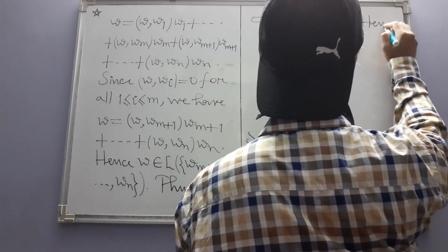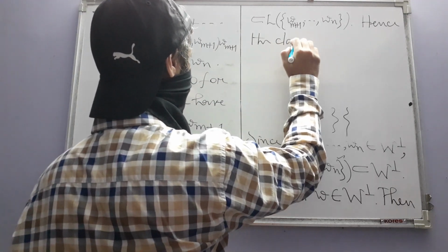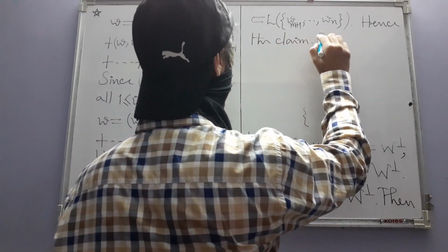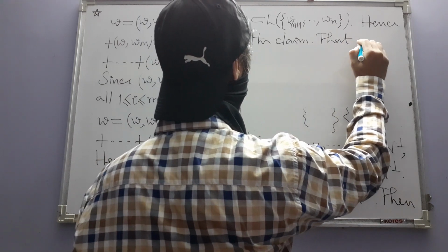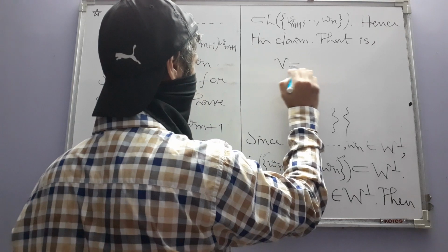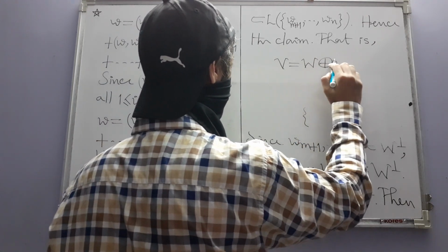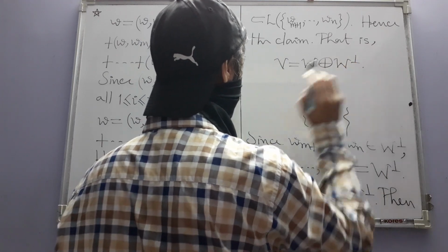Hence, the claim, that is, V is the direct sum of W and W orthogonal.